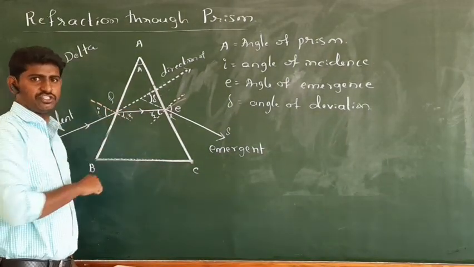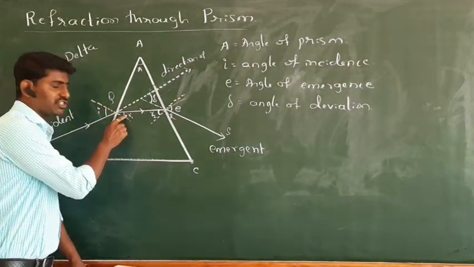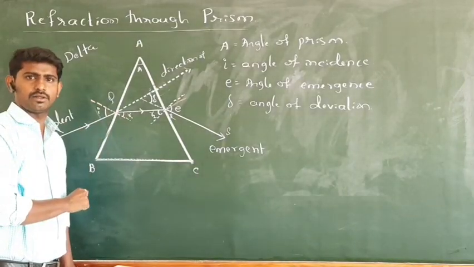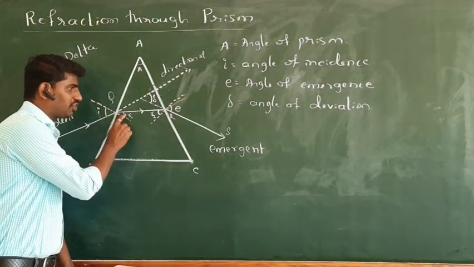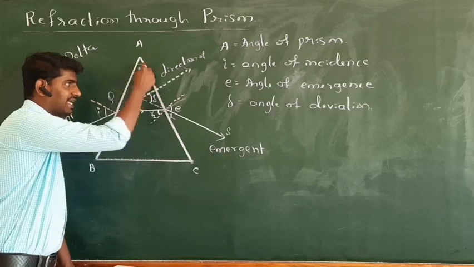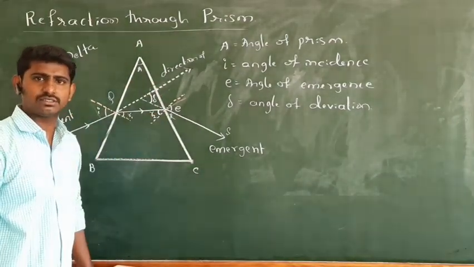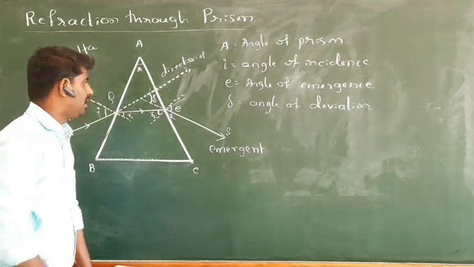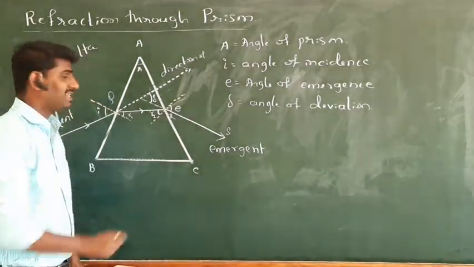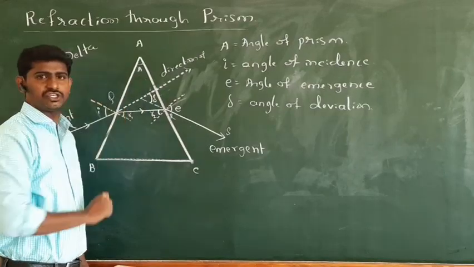And see here, as the angle of incidence changes, the angle of refraction for the first surface changes. As the angle of refraction changes, the angle of incidence for the second surface changes. As this changes, the emergent ray changes. Is it clear? As the emergent angle changes, the deviation changes.